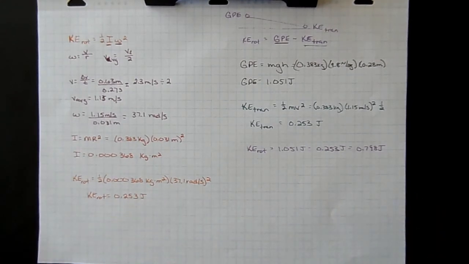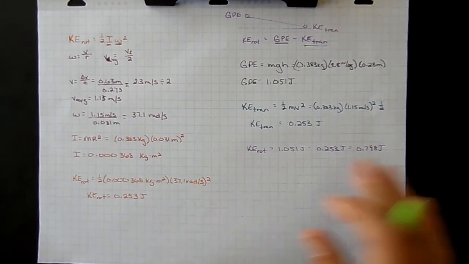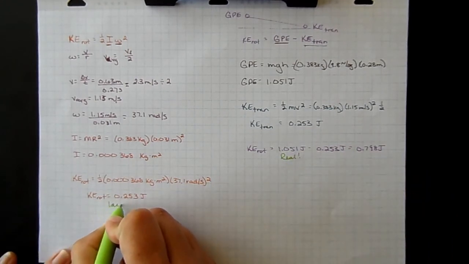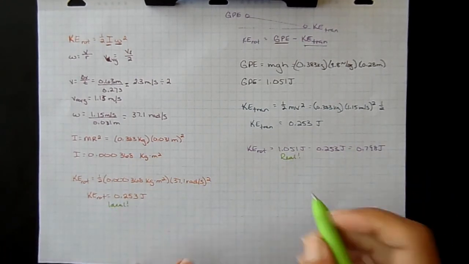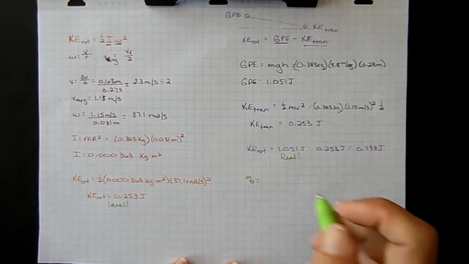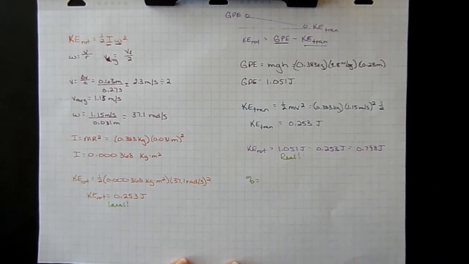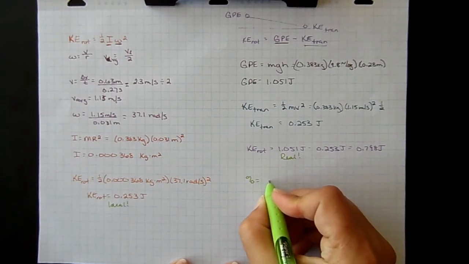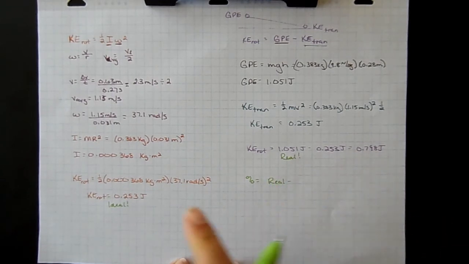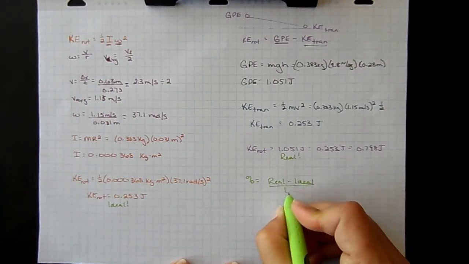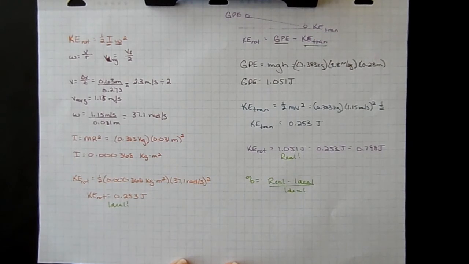But what we're going to do is find our percent error. So this is our real, and this is our ideal. To find percent error, remember, we take what you got, your real number, subtract our ideal, and then divide by our ideal.